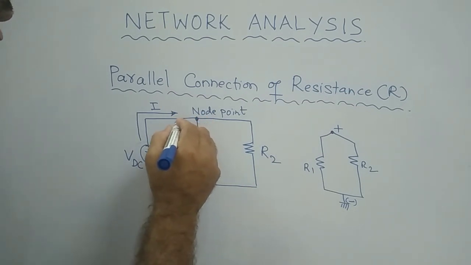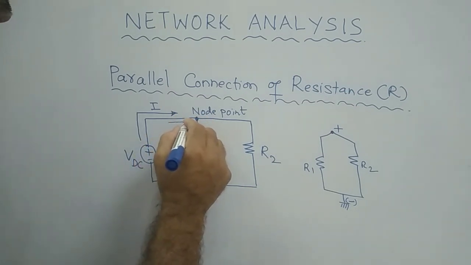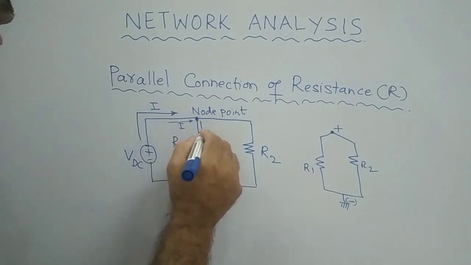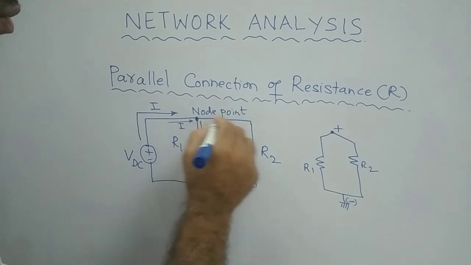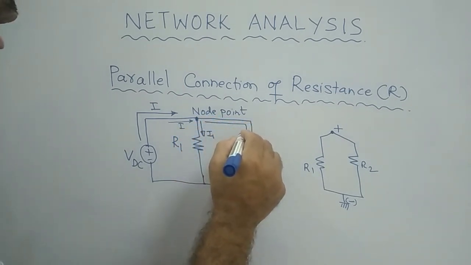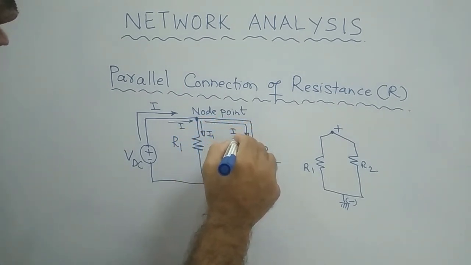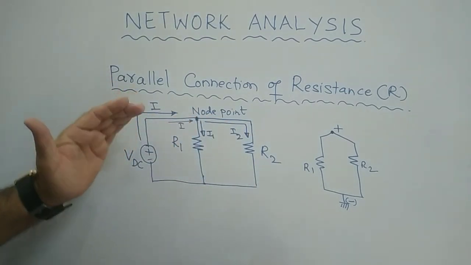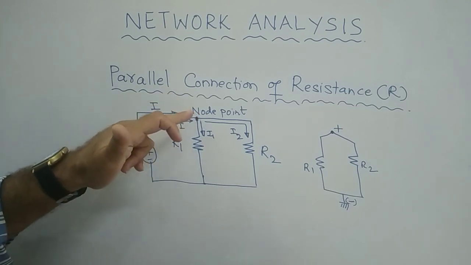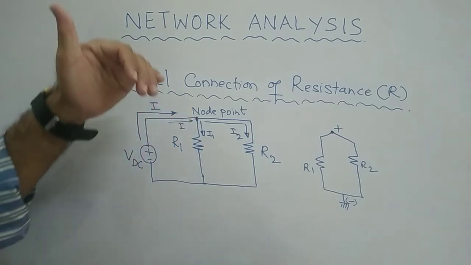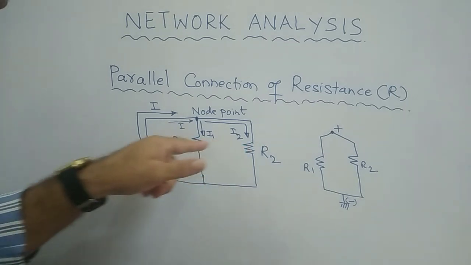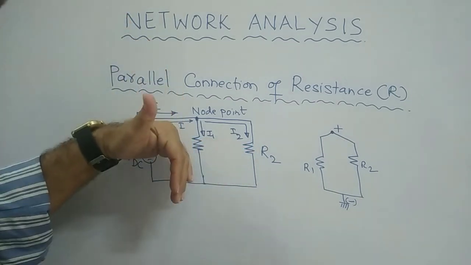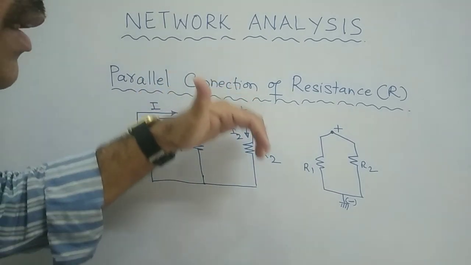This I goes up to the nodal point as I, and from here one path can be I1, and through R2 it goes as I2. Understood? At this particular nodal point, it will be distributed according to the resistances. Here we have two resistors, so in one resistor let us call it I1, and in the other resistor, I2.